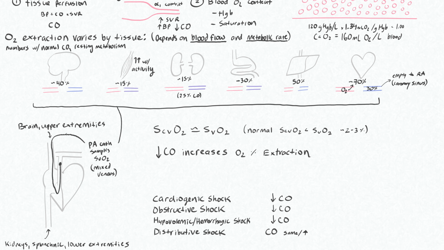The PA catheter is rather invasive, so we can also just use a regular central line, and then we'll be sampling blood maybe from the SVC if it's a little bit short, but probably blood from our right atrium. This is called the central venous oxygen saturation.